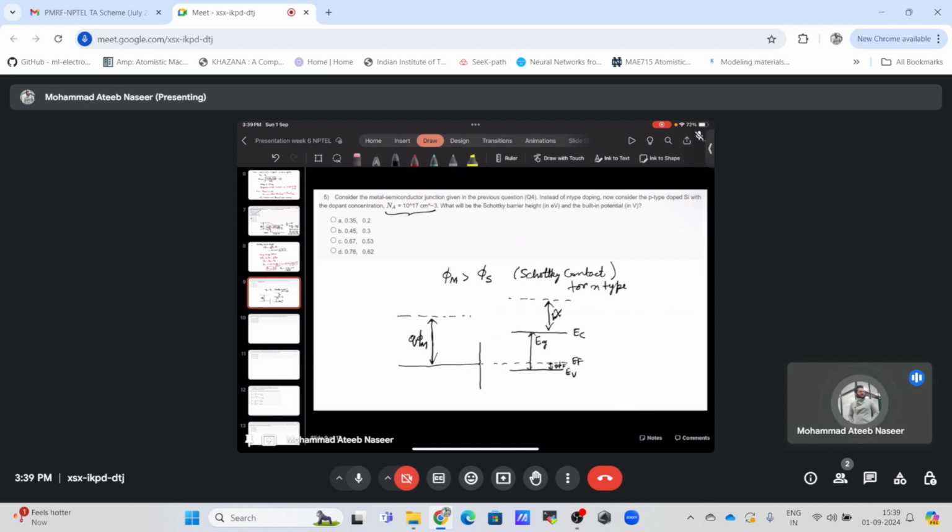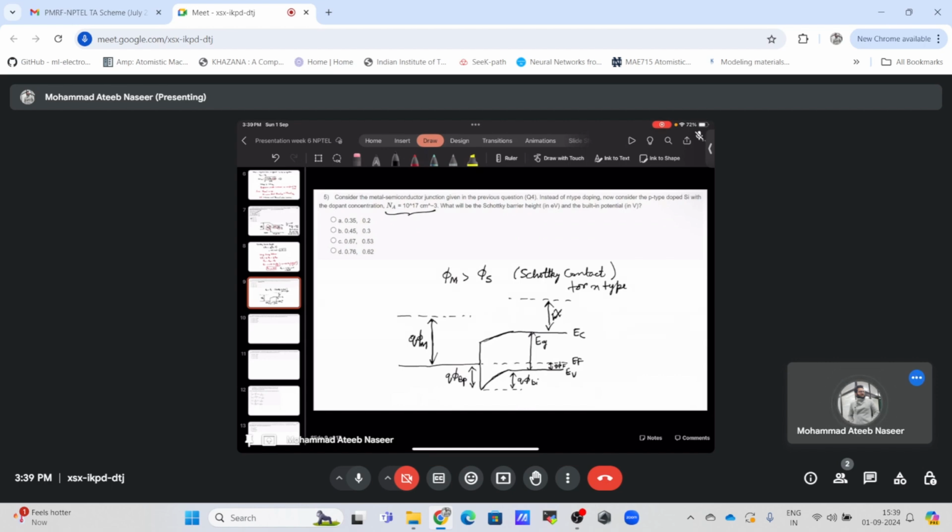As a result of this, there will now be the depletion of the holes at the interface, because the holes will have moved from the p type into the metal side. So we will be having this band bending, and in total we will be having the built-in potential due to this equilibration, and we will be having the Schottky barrier Q phi Bp.